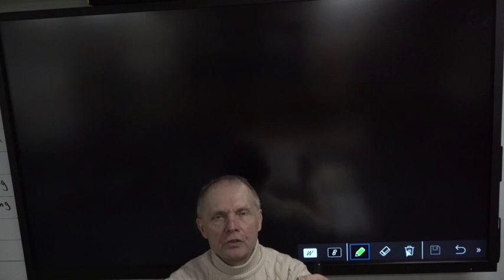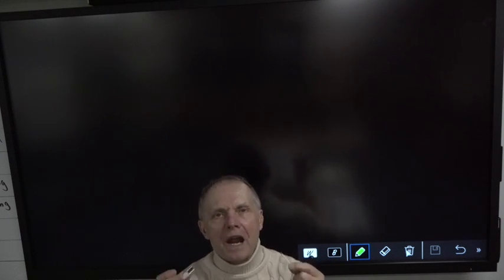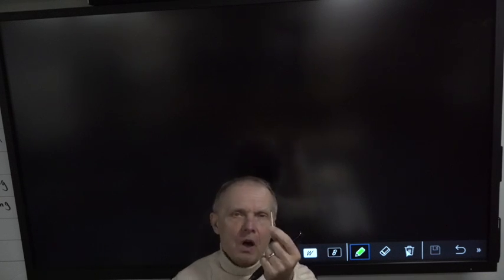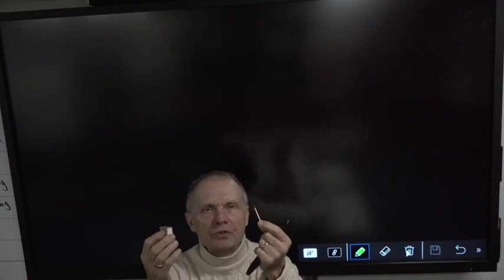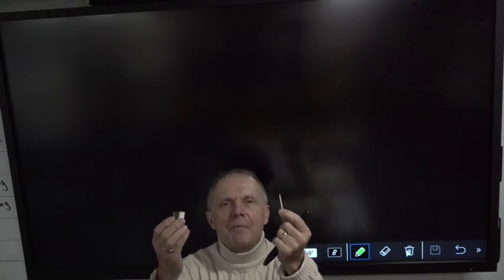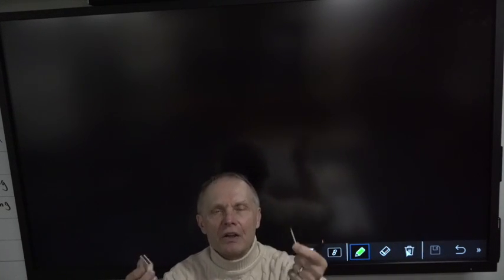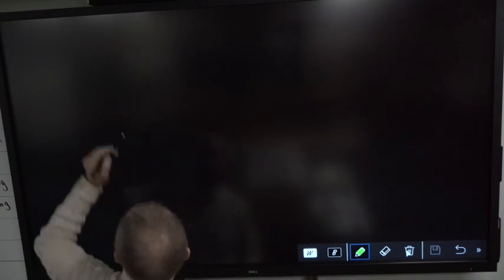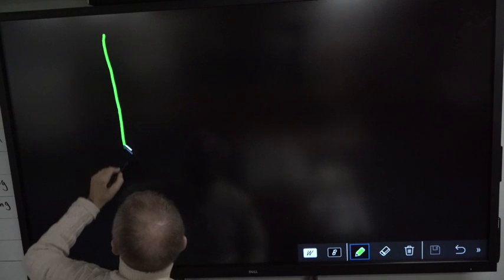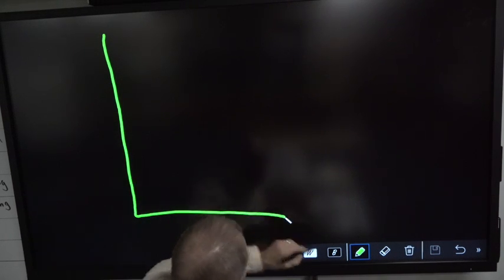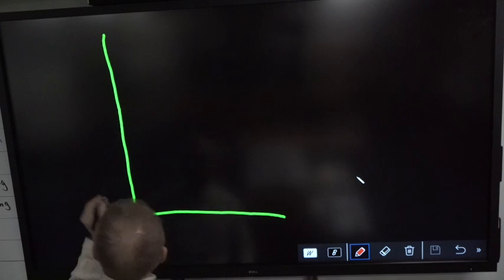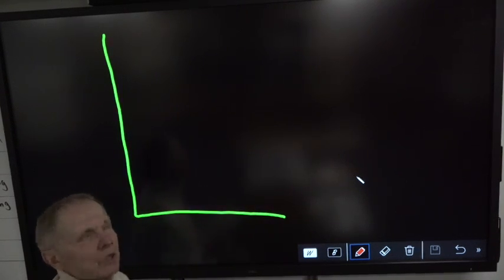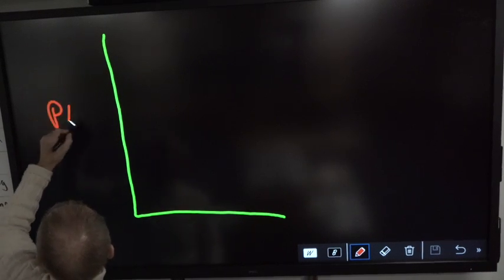So what we're going to do is we're going to make a graph using these two particles, okay? First of all, we know that both of these particles, as they're whizzing toward each other, they both have potential energy to do something. So let's build a graph. And on the y-axis, we're going to say that's the potential energy, PE.